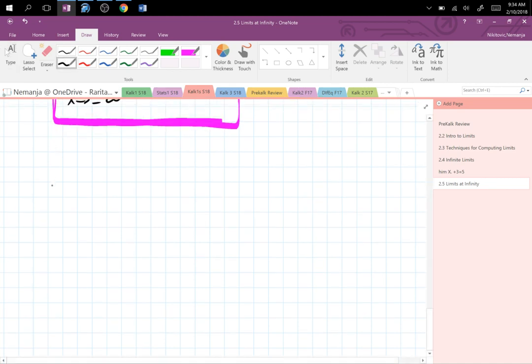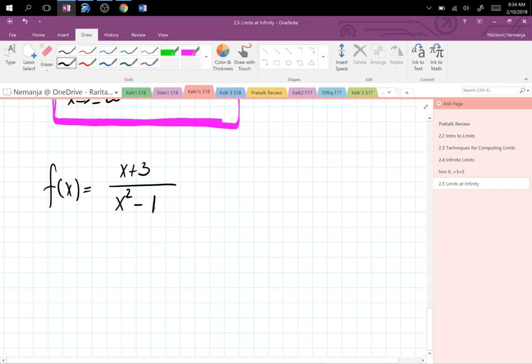So for instance, you want to take a look at the function f of x equals x plus 3 divided by x squared minus 1. Since x squared minus 1 factors into x plus 1, x minus 1, and none of those cancels, we immediately know we have two vertical asymptotes.